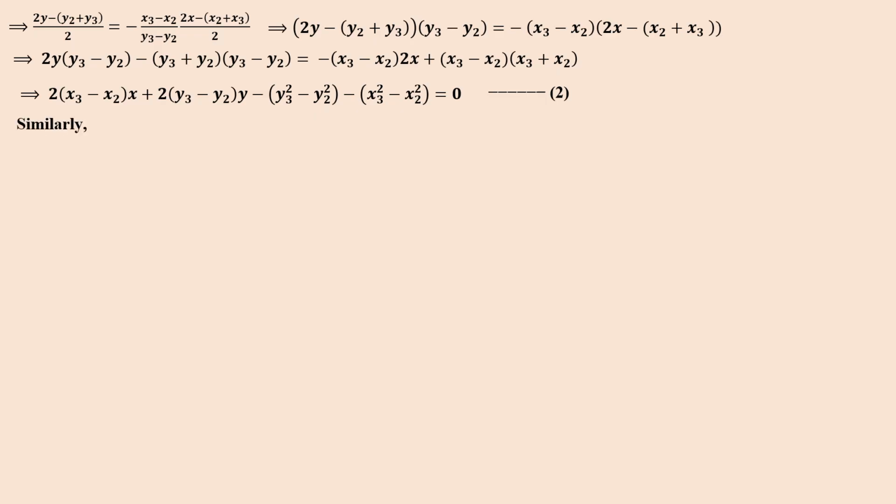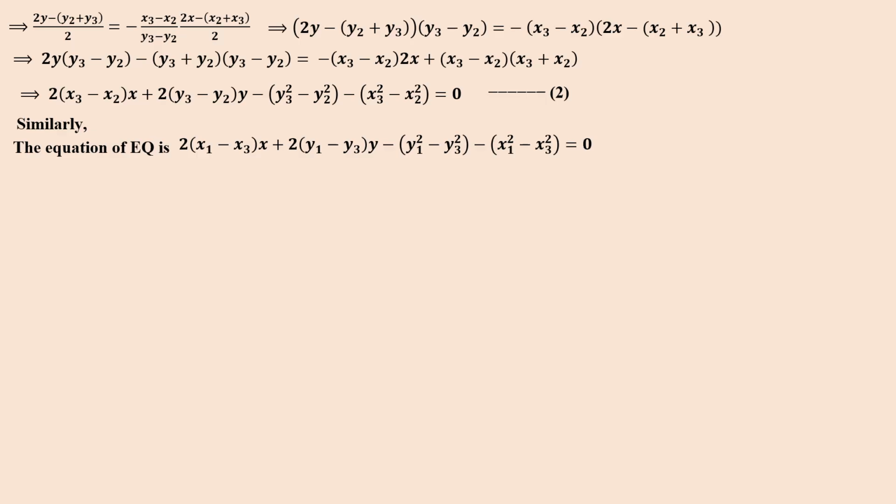Similarly, we can write the other perpendicular bisector equations. For the equation of EQ, in cyclic form, instead of 1 you put 2, instead of 2 put 3, instead of 3 put 1. If you have x3, put x1; if you have x2, put x3; if you have y3, put y1; if you have y2, put y3; if you have x1, put x2.